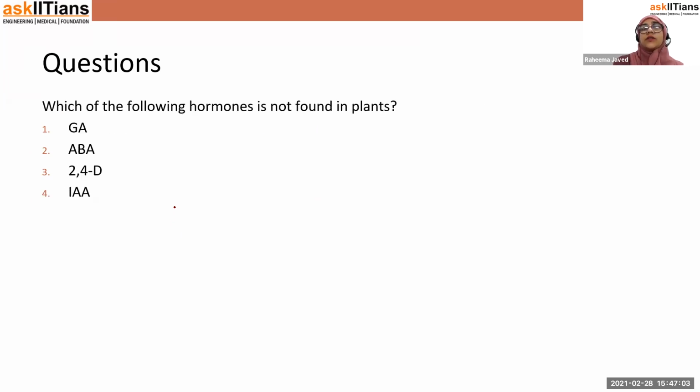Next question is, which of the following hormones is not found in plants? GA is for gibberellic acid, ABA is for abscisic acid, IAA is for indole acetic acid, which is a type of auxin and is found in plants.